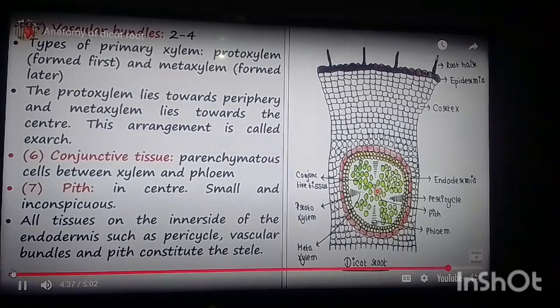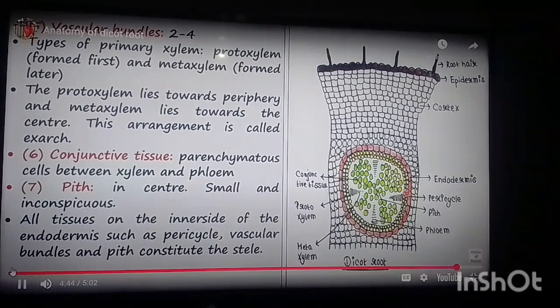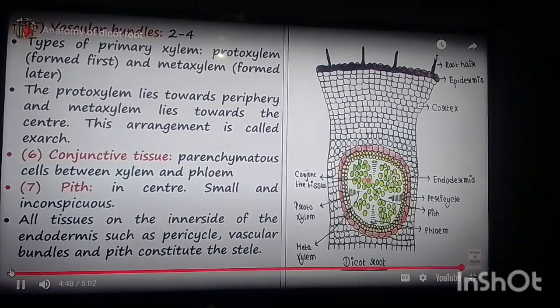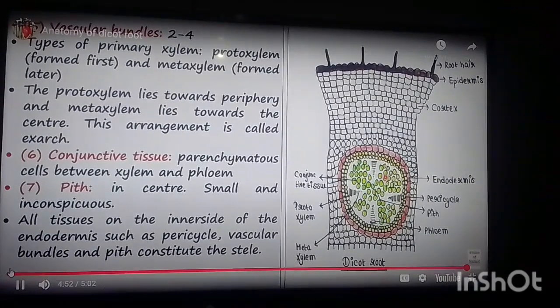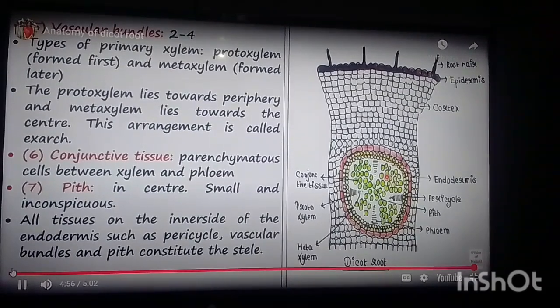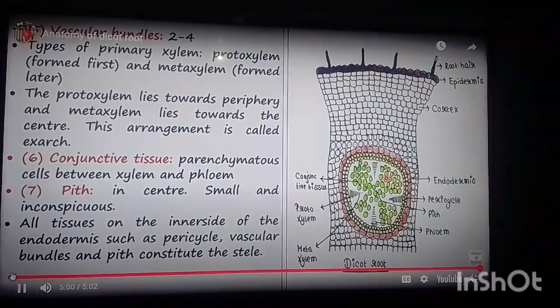All the tissues on the inner side of the endodermis, first the pericycle, then vascular bundles, then conjunctive tissue, and last the pith, all of them make the stele. So this is all about today's lecture. I think you understood the session.